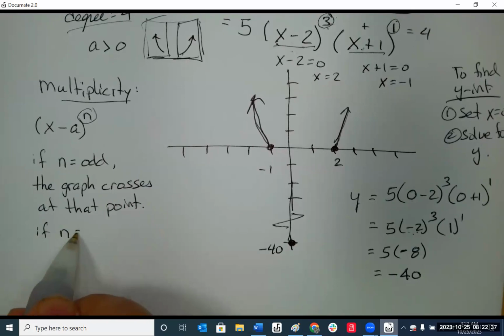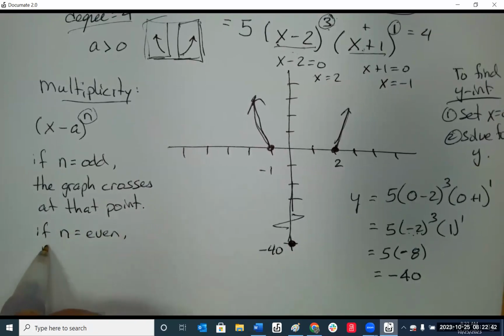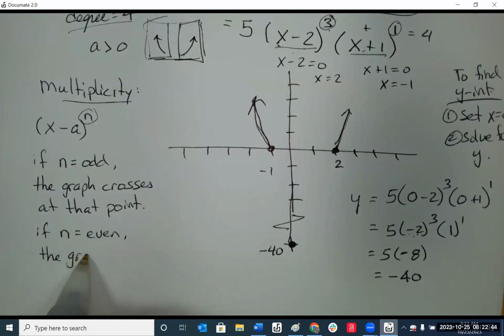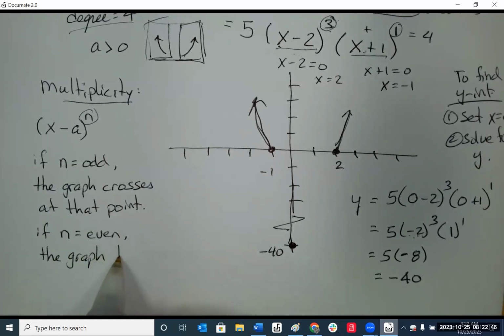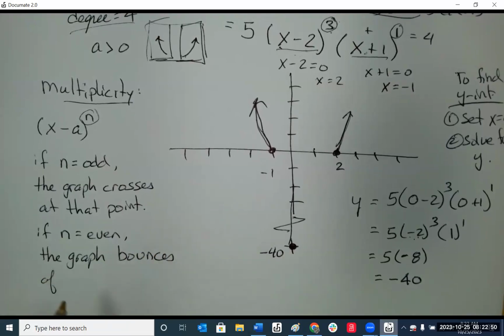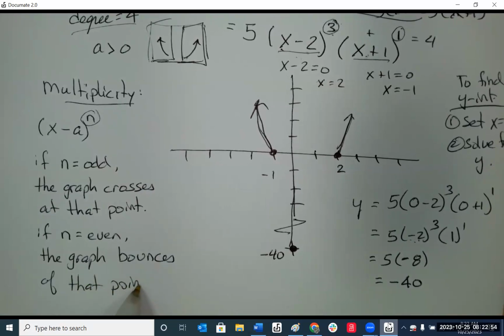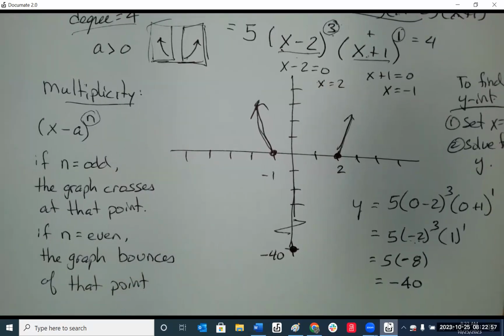If n is even, the graph bounces off that point and stays on that side of the x-axis.